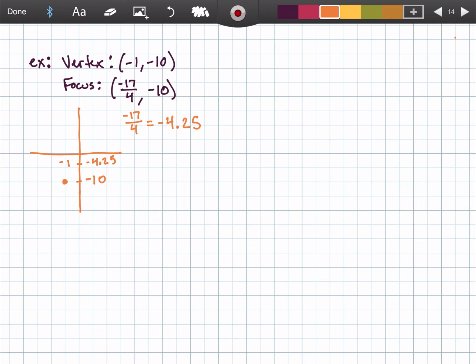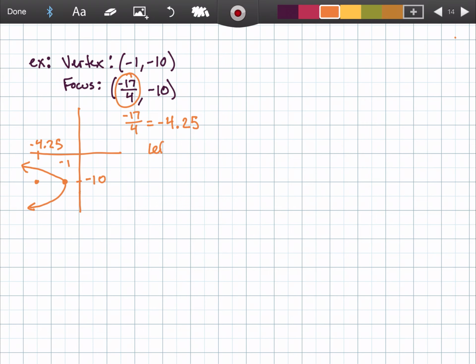I made a mistake. Can you tell me what my mistake is? Here's my mistake. That's an x value. So -4.25 should be along x, and the -10 stays the same. So it is opening to the left.